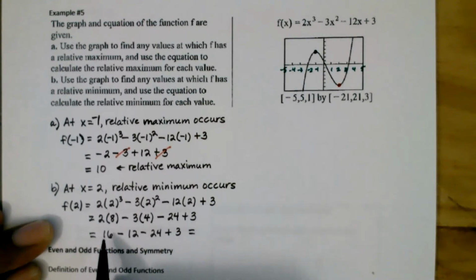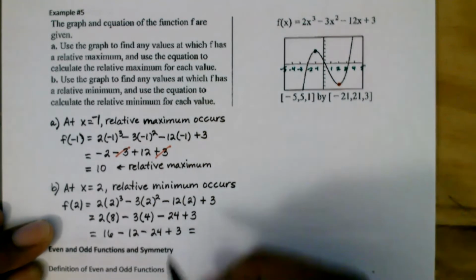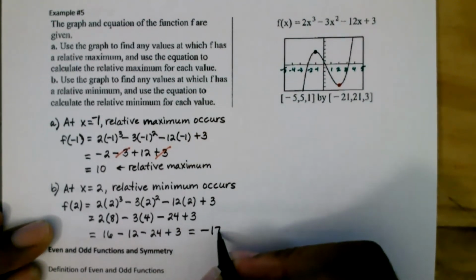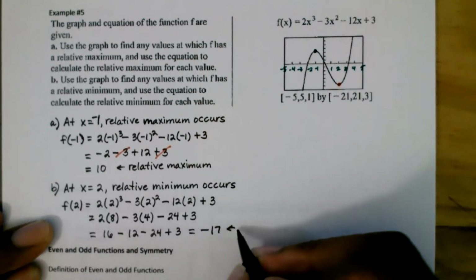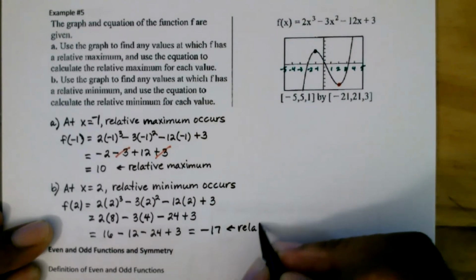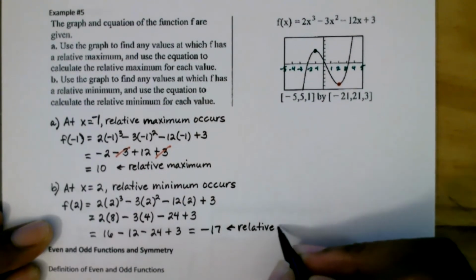Okay. Now 16 minus 12 is negative 4. I mean, just plain 4. 4 minus 24 is negative 20. Negative 20 plus 3 is negative 17. This is your relative minimum.